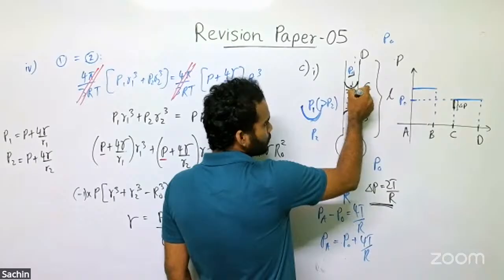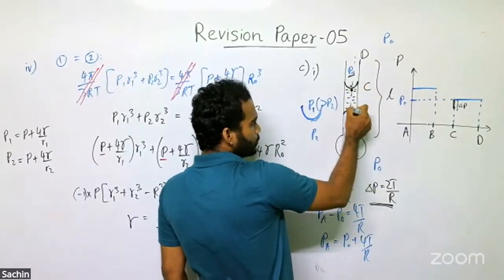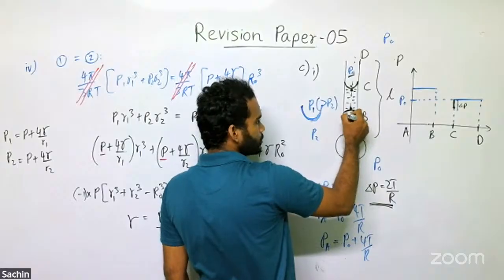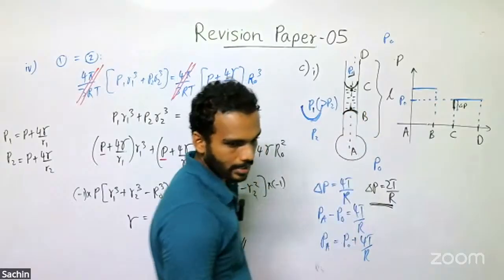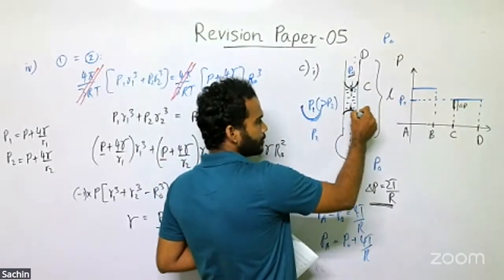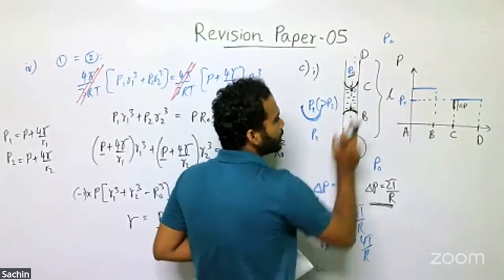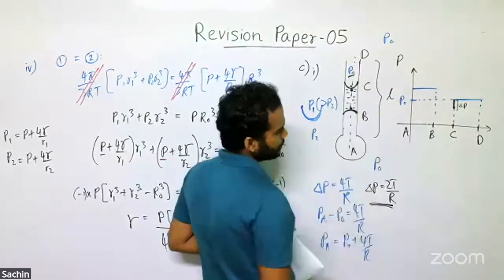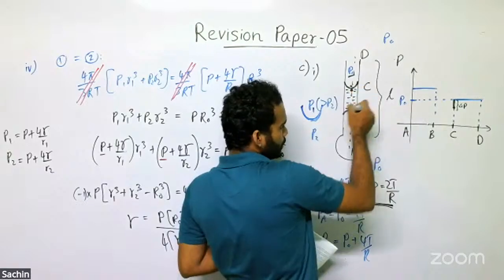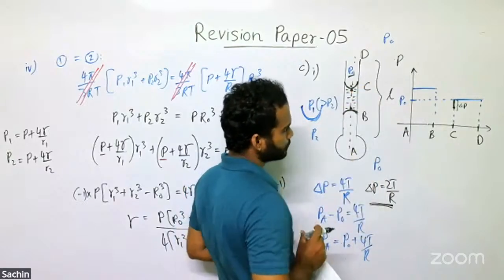So when moving from this point to a point just above the meniscus B, at B again there is a meniscus, and they have given that the meniscus is something like this. I mean, the curvature is to the forward direction. So when coming from C to D, what should happen?